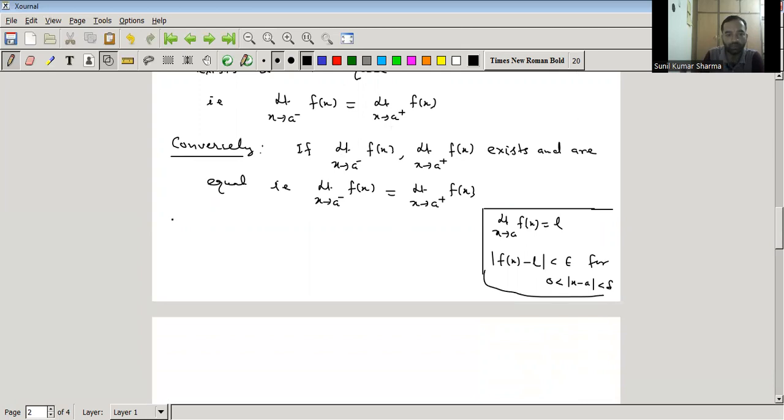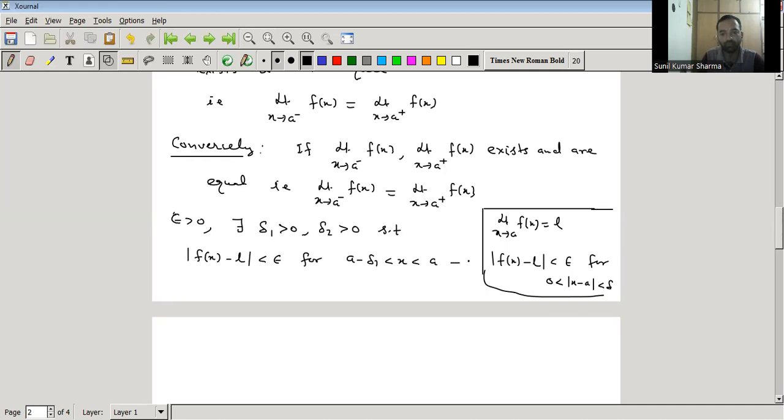Given epsilon greater than 0, however small, and already fixed, corresponding to that epsilon there exist positive real numbers delta 1 and delta 2, both depending upon epsilon, such that mod of f(x) minus L is less than epsilon for a minus delta 1 less than x less than a.